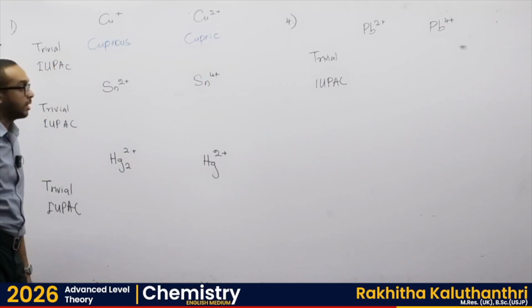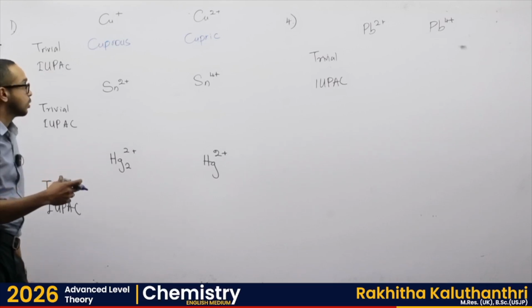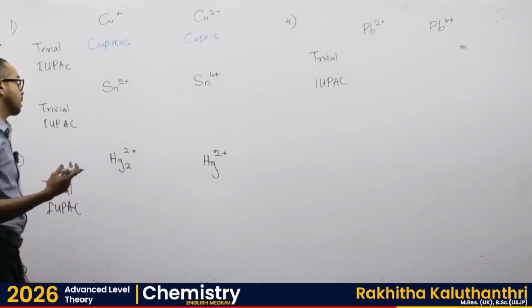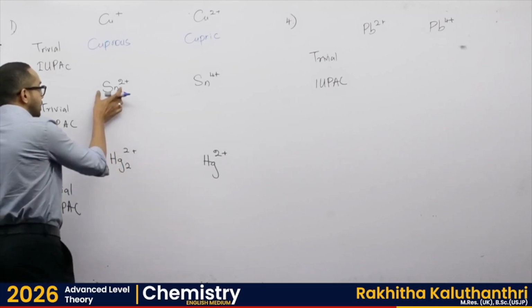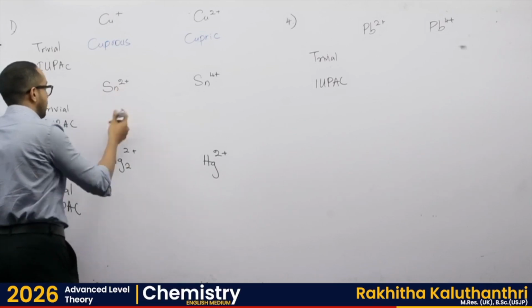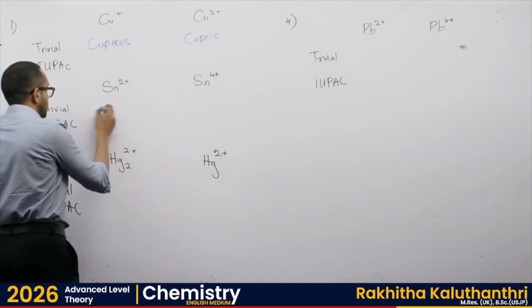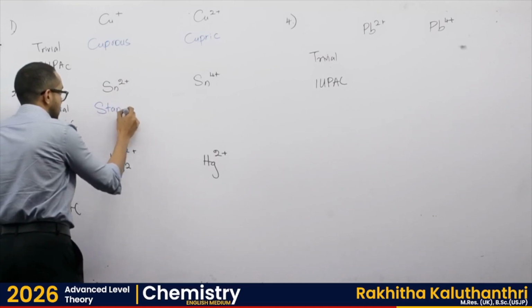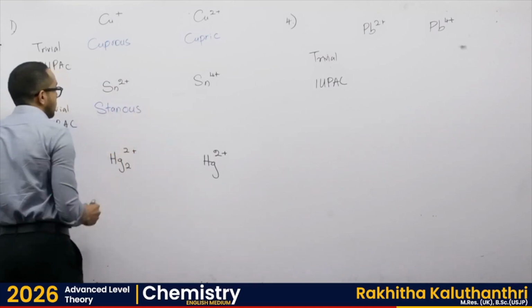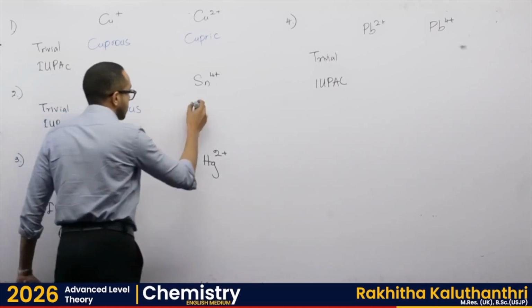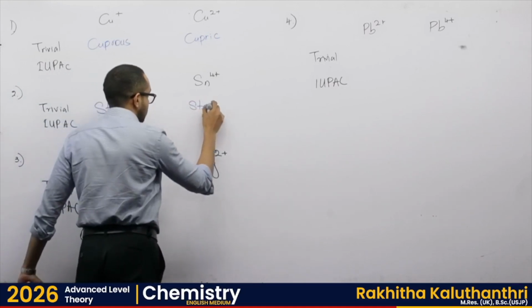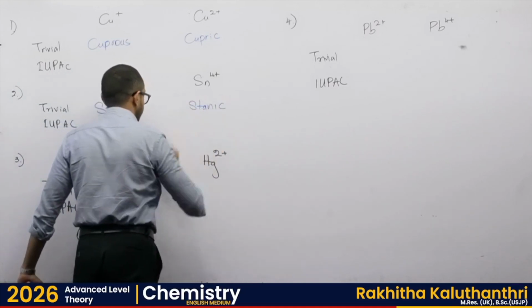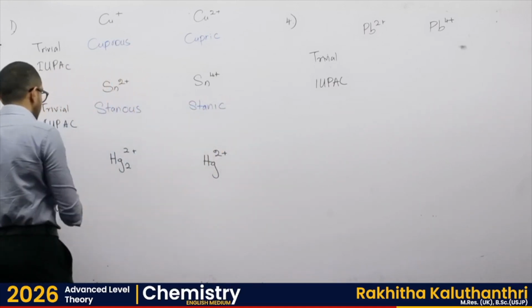This has a different Latin root than copper. Here the symbol is Sn, so it has a different Latin root. So this is called stannous, and this is stannic.